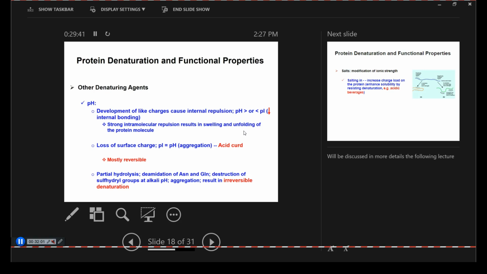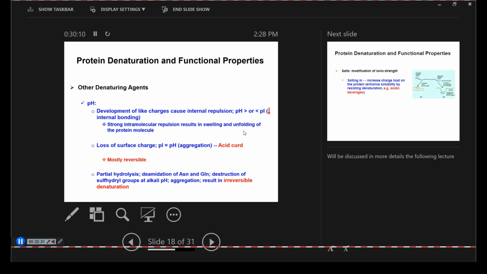And when you lose charge, obviously you lose interaction with water, and the proteins start interacting with each other via hydrophobic interactions because you don't have any more repulsion. However, again, it's mostly reversible. If you bring back the pH to neutral, you can solubilize, unless the treatment took a longer time.